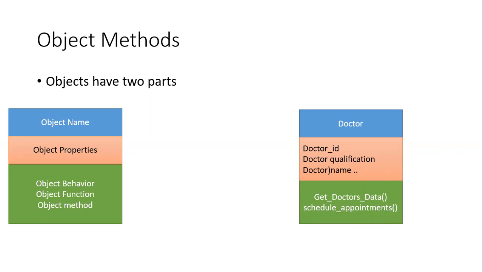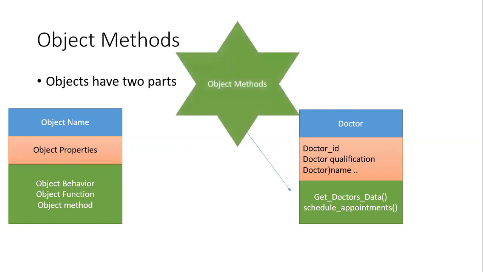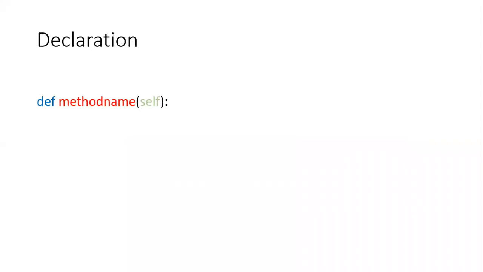When we create the objects of the class doctor, the methods are associated with those objects, and these methods are called object or instance methods. So this is the first type, object methods or instance methods. How can I define the methods? You can do it by using the keyword def, and after that you specify the name of the method, and in the parameter section you can pass no, one or many parameters, and so on.